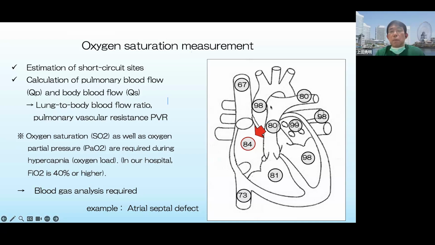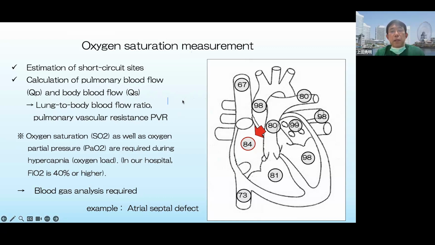So using those numbers, we can calculate the Qp/Qs ratio, where Qp is the pulmonary blood flow and Qs is the systemic blood flow. And the final purpose of evaluating those saturations is to get the answer of the pulmonary vascular resistance (PVR).